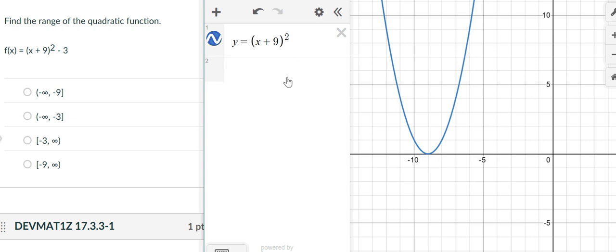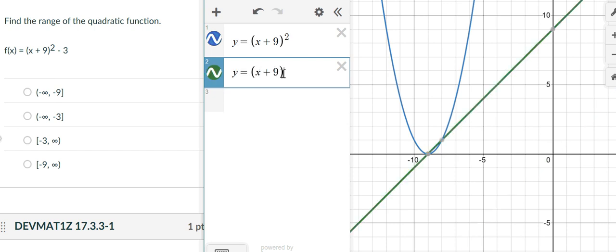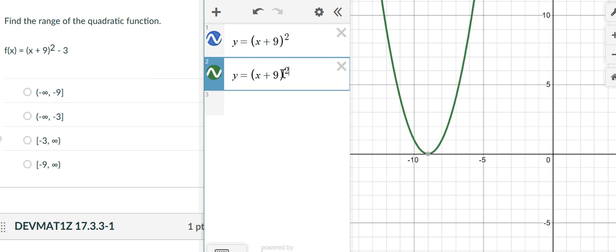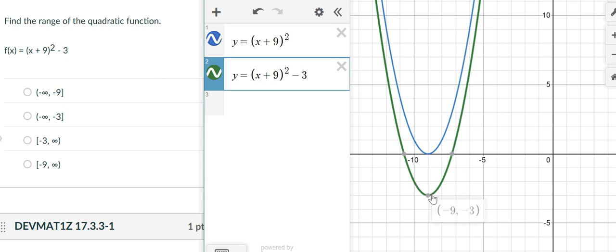Okay. Then you do y equals x plus 9. You square that number, then you minus 3. So that will be 3 units down here. See, -9, -3. So here is the vertex.